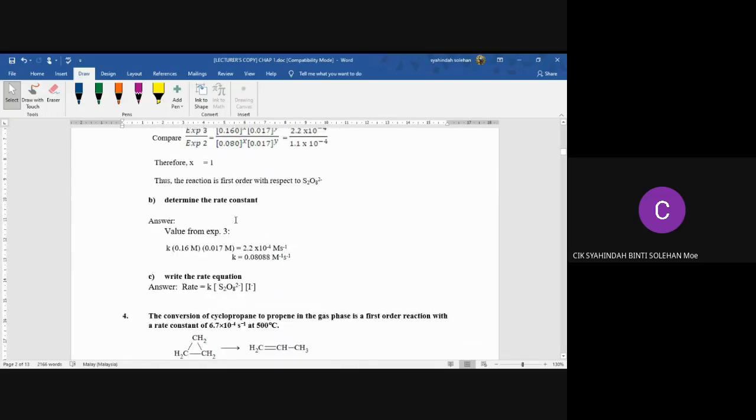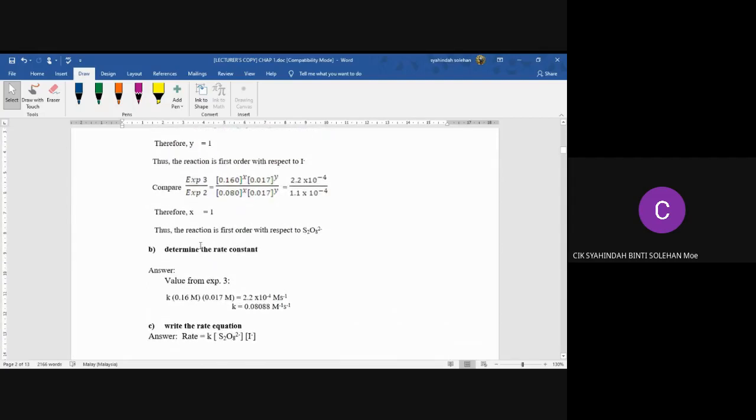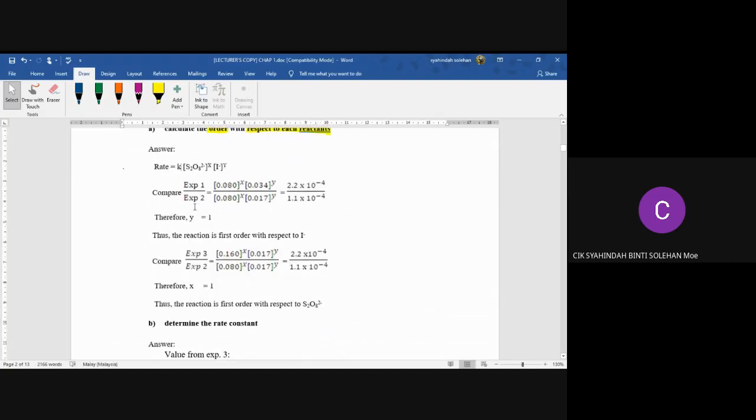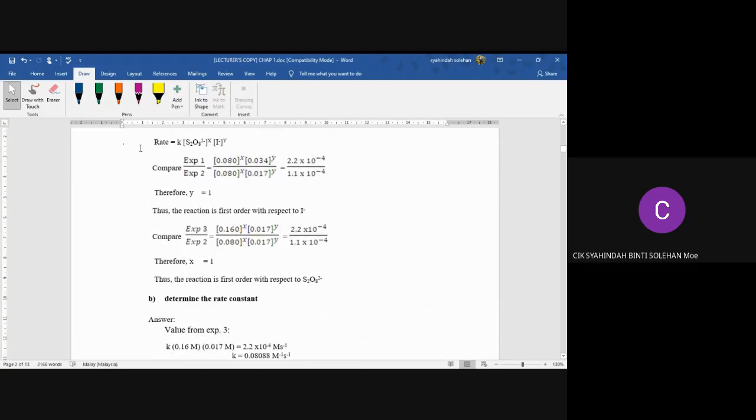Next is to determine the rate constant. To determine the rate constant, once you know your x and y, you just substitute. Okay, so now you build the new rate law, since you already know the rate law equation. Once you know x and y, you know rate equals k times the concentration of S2O8 to the power of 1 and the concentration of I- to the power of 1.